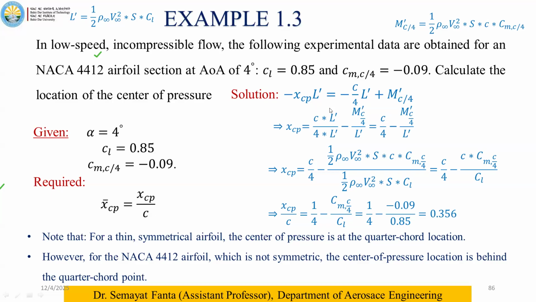Let's divide both sides by L. Because the minus sign also comes here, this one becomes plus and this one minus. So finally we get XCP equals C over 4 minus the moment about the quarter chord divided by lift.